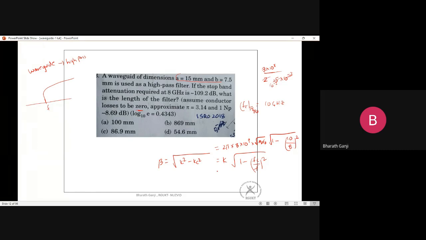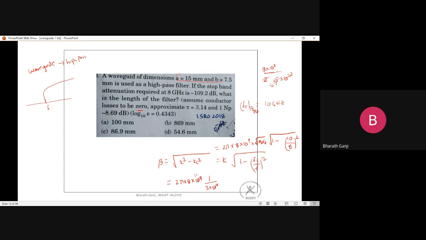So what answer do you get for this? You need to get an imaginary number. You'll see how you'll get it. So here 2 pi into 8 into 10 to the power of 9 times square root of mu naught epsilon naught, I can write as 1 by 3 into 10 to the power of 8.